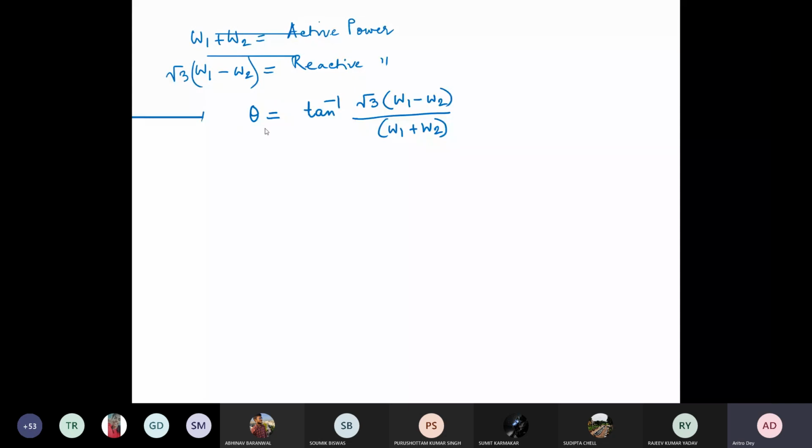Or if you have your V and I known, and you know W1 plus W2, from that you can find your power factor. So when W1 is equal to W2, then this will be equal to 0. So theta will be equal to 0. That means you are using resistive load.